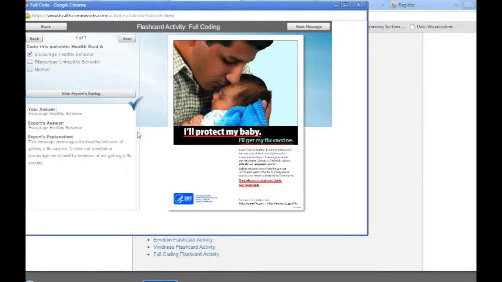Yes, you actually thought of it in the way that a very experienced coder would think of it. And not only that did you get it correctly, but this is why I got it correctly, or this is why that recommendation was made to encourage healthy behavior.